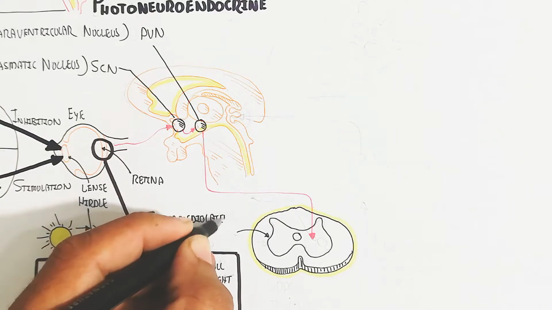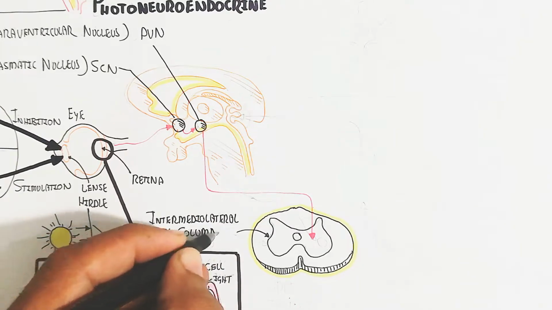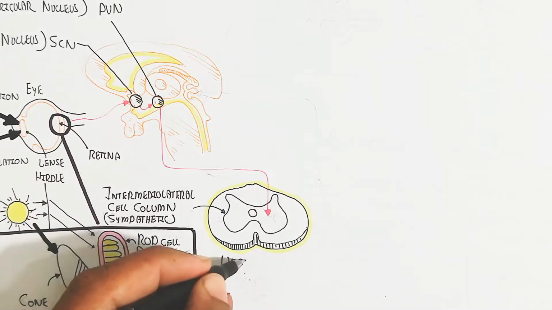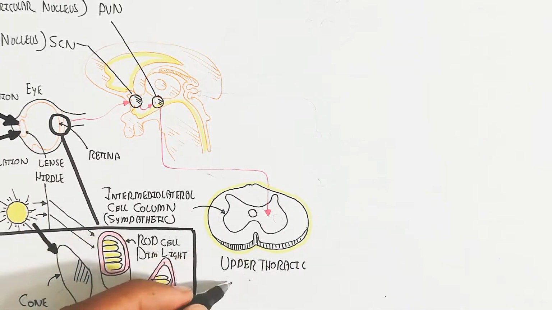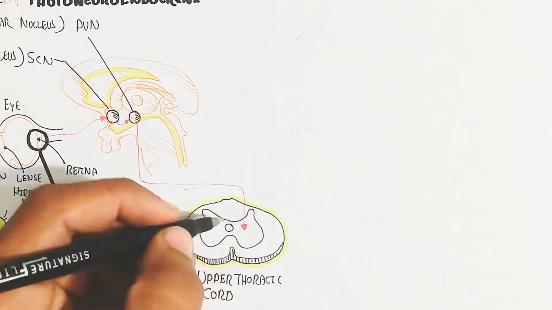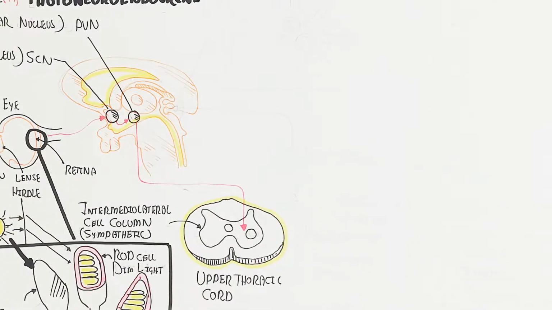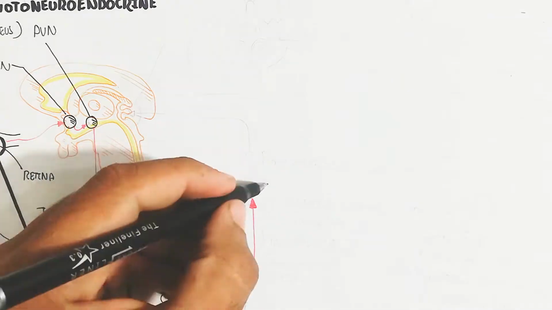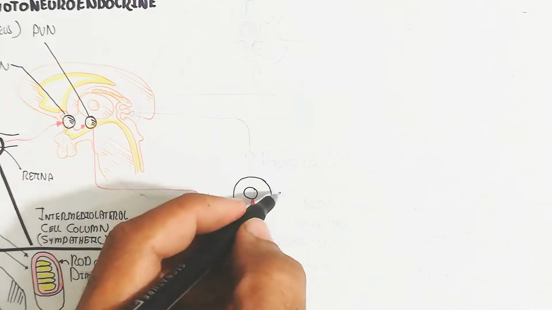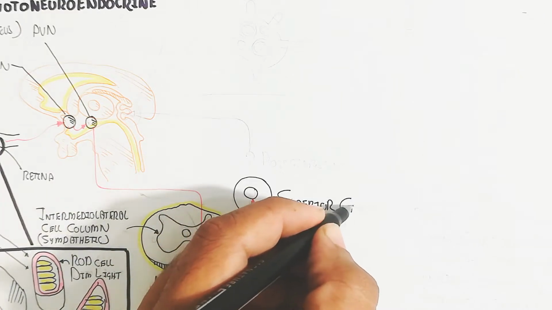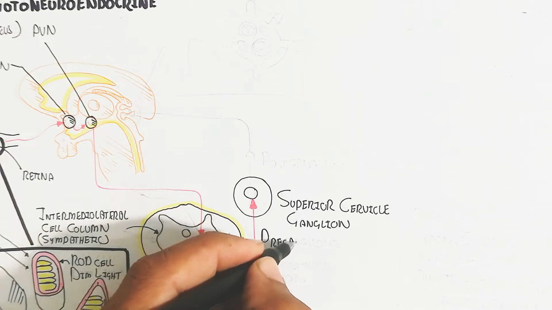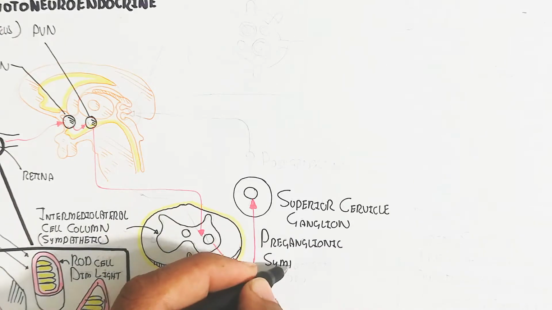After this triggering, it will target the intermediolateral cell column, and in this way the upper thoracic spinal cord is involved, leading preganglionic sympathetic axons to target the superior cervical ganglion.